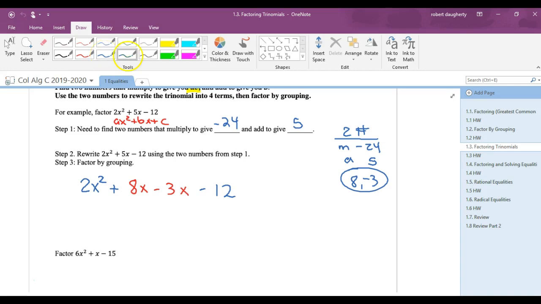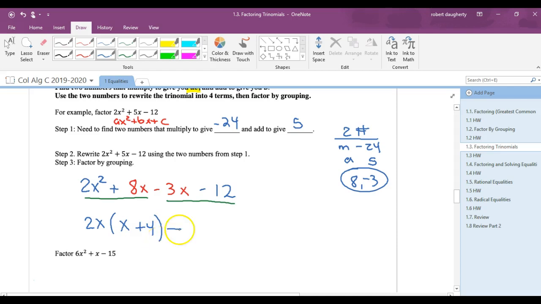So to factor this by grouping, I'm going to look at it like this. What do the first two things have in common? They have a 2x in common, right? So what do you multiply 2x by so that you get 2x squared? X. What do you multiply 2x by so that you get 8x? 4. Okay.